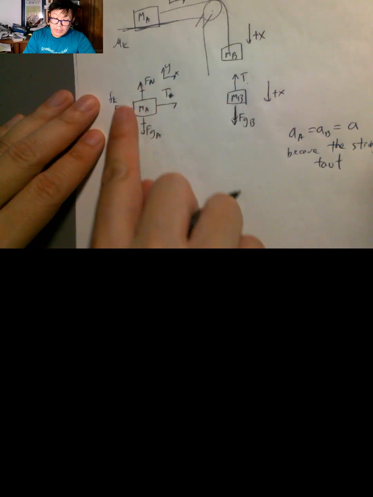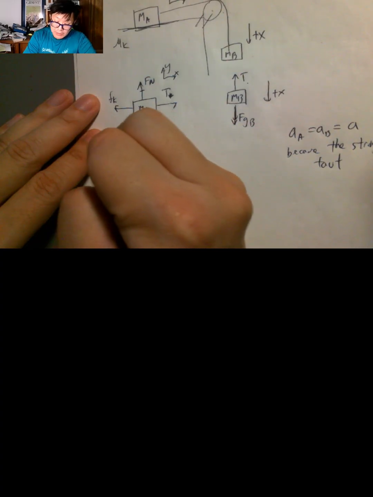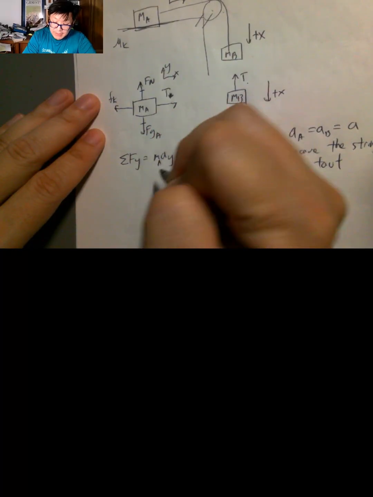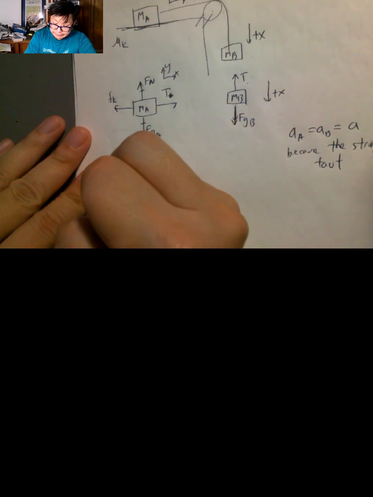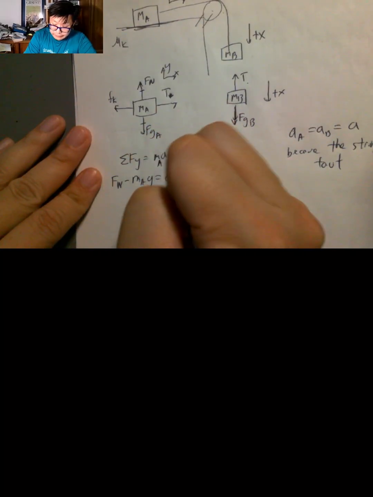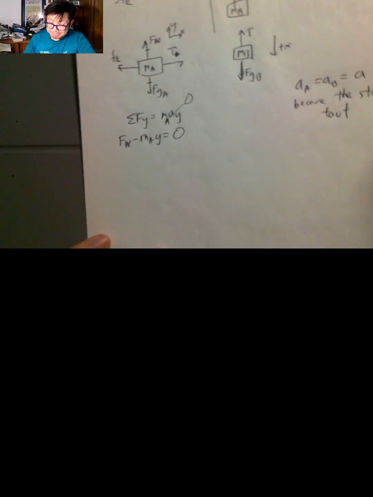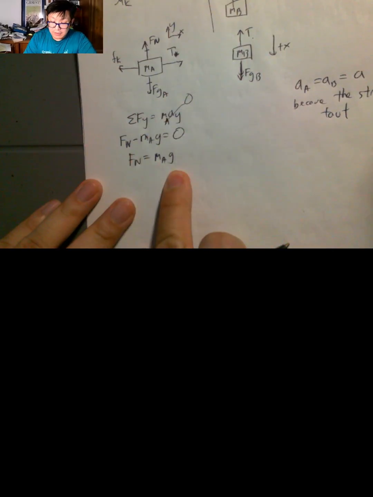And now I can do F equals ma for each of these objects individually. So I'll start with the y direction because I do have friction. And I'm being careful with my subscripts because that's mass A. No acceleration in the y direction because that block is not burrowing into the table, nor is it flying up. So I end up with normal force is equal in magnitude to the weight of the object.